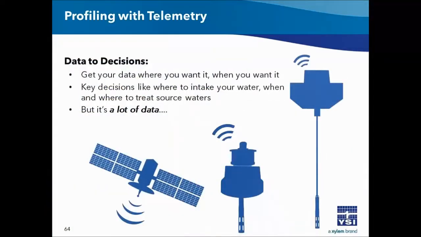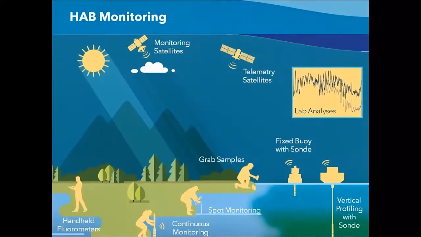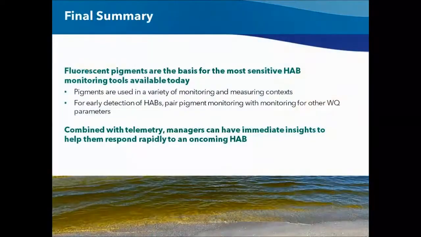So profiling allows you to get data where you want it and when you want it, and if you couple that with telemetry, you can get the data all the time, basically, which allows you to make really important decisions. But again, it's a lot of data, and we'll talk in the future about how to manage some of that data, not just from that, but from all of these approaches that you might take.